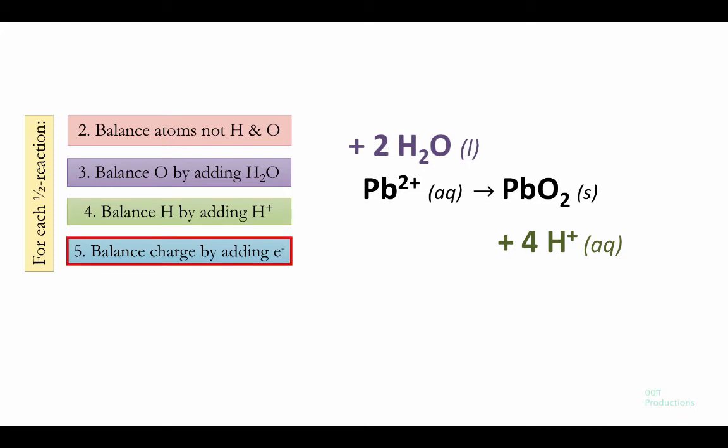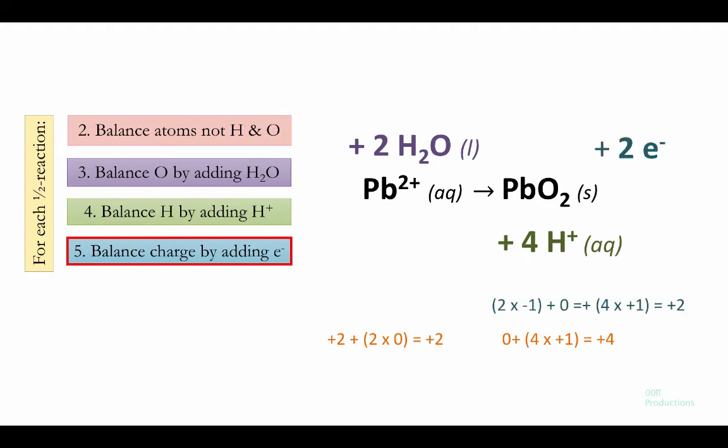On the reactant side, we have 2 neutral waters and a +2 charged lead, so that gives us a +2 total charge. On the right, we have a neutral lead 4 oxide, and we have 4 +1 charged hydrogens, so that gives us a +4. We're going to add electrons to the more positively charged side, so that gives us 2 electrons here.